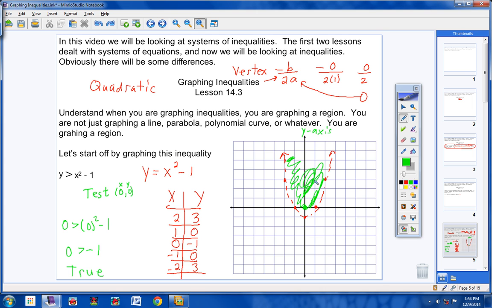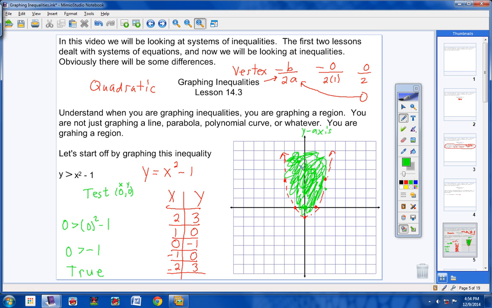Now I want to stress to you guys again one more time. Listen to me. You did not have to use 0, 0 to get the right answer. You can test any point you want on the graph, as long as it doesn't lie on the parabola. You cannot test a point that lies on the parabola. So make sure you pick a point that's not close to the parabola, like right here, that point right there.